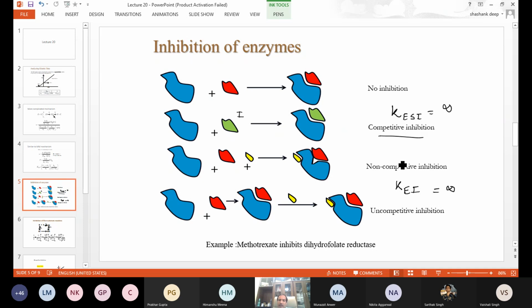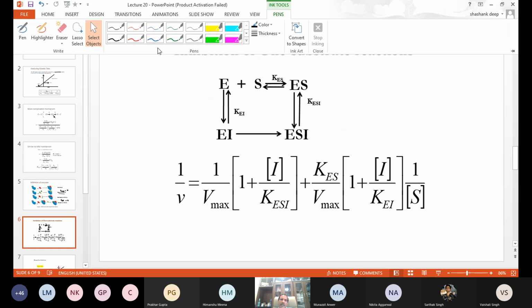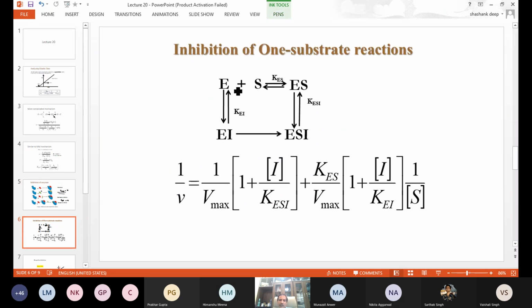Now, can I find this out from kinetic data by measuring the rate of reaction as a function of substrate? Yes, we can do that, and that's why these derivations are important. Again, I showed you E plus S gives ES, this we have already done, KES. This KEI is also reversible, and this is KESI.